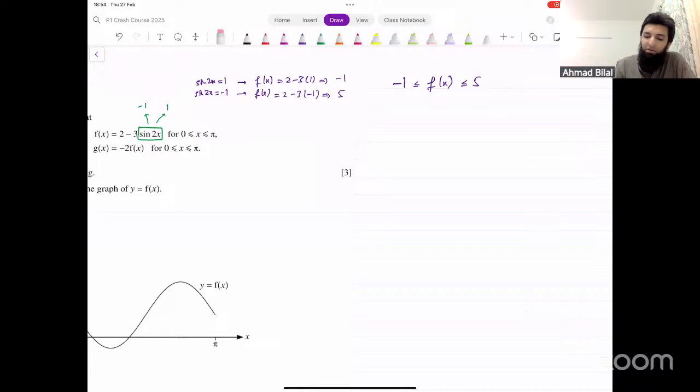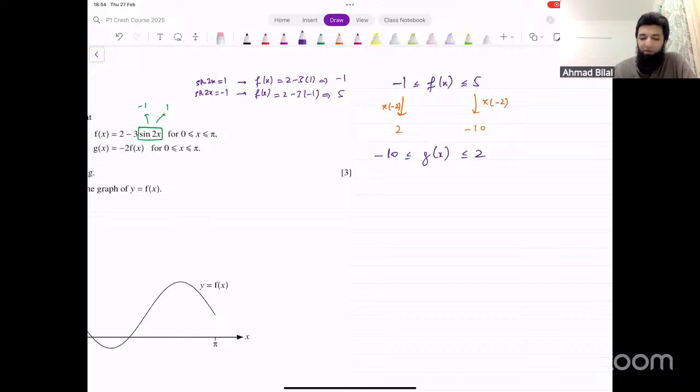Multiply -1 by -2, that gives you 2. Multiply 5 by -2, that gives you -10. So g has to be between these two values. Now -10 is the smaller value, 2 is the bigger value. So the range of g of x is from -10 to 2.